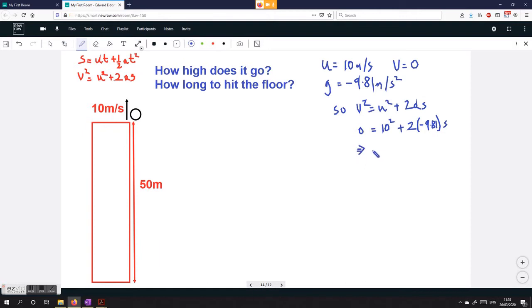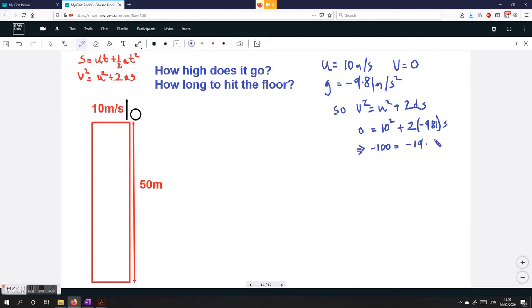Rearrange. Minus, you've got to take real care with your minus and positive signs with this stuff. Anyway, there we go. Minus 100 equals, I was reaching for the calculator. Here we go. This is a bit of a long gap.